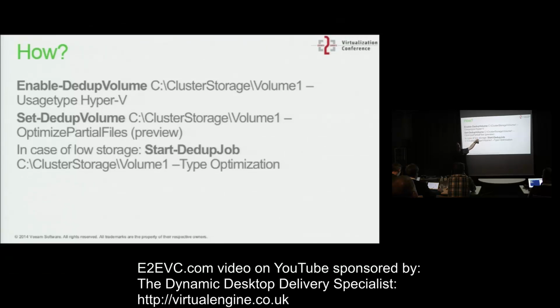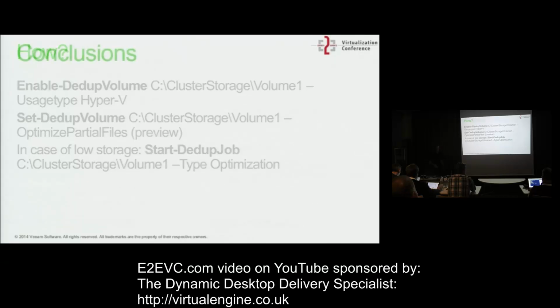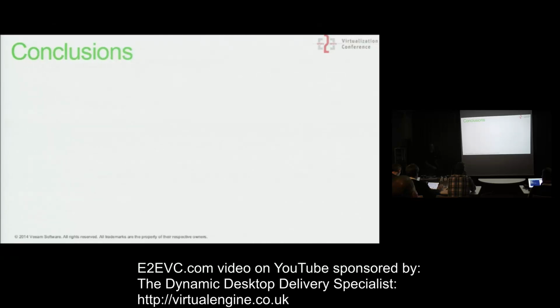If you're not using the preview, and I hope nobody is still using the RT preview by now, this is done for you, but with PowerShell you can see those things. And I already told you, in case of low storage, put a few VMs on it, start the job, see it shrink, do more, but also do things when you want to remove them from deduplication. All right. Sorry for the speeding, but I've got 7 minutes left.